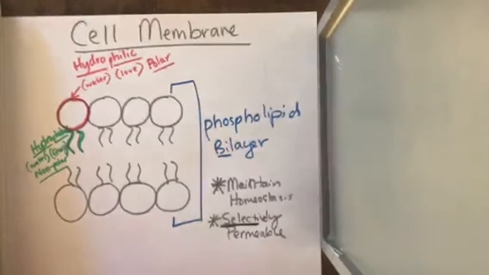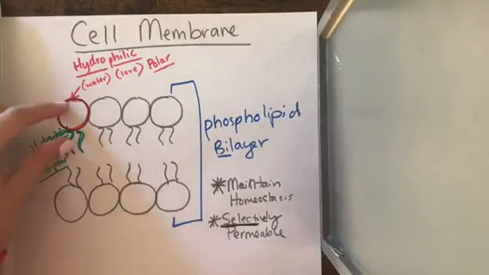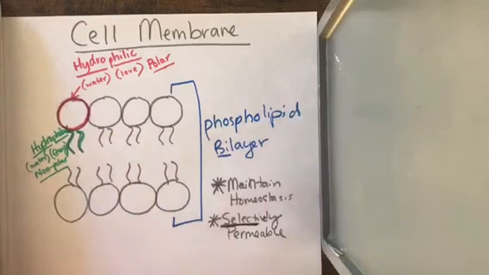So far we've said it's made up of a phospholipid bilayer. Each phospholipid is made up of hydrophilic polar heads and hydrophobic nonpolar tails. The cell membrane is used to maintain homeostasis. It is selectively permeable. And I would say if it's not the most important organelle, I guess you could argue that. But its job is very, very important.